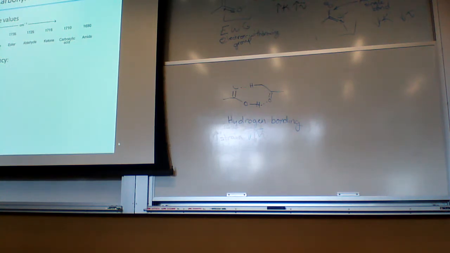Two things raise the CO frequency, and one of them is strain, just like with the alkenes. So if we had an alkene that's exocyclic, it's going to increase the stretching frequency. Carbonyls are always exocyclic because the oxygen is always outside of the ring. And it's going to increase when you get a smaller ring.